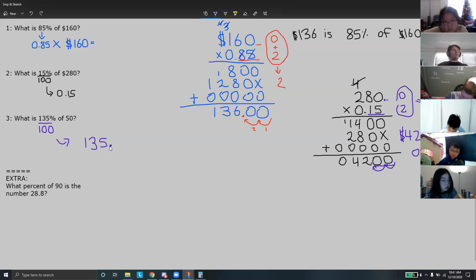But I want to find out what 135 divided by 100 is. If I move it to the left twice, that tells me what it is divided by 100. So 135 divided by 100 is 1.35. Great, and this is the decimal we're going to be multiplying our number by.